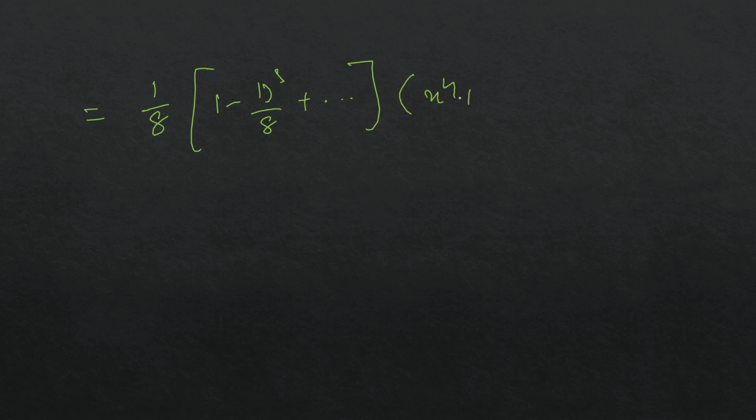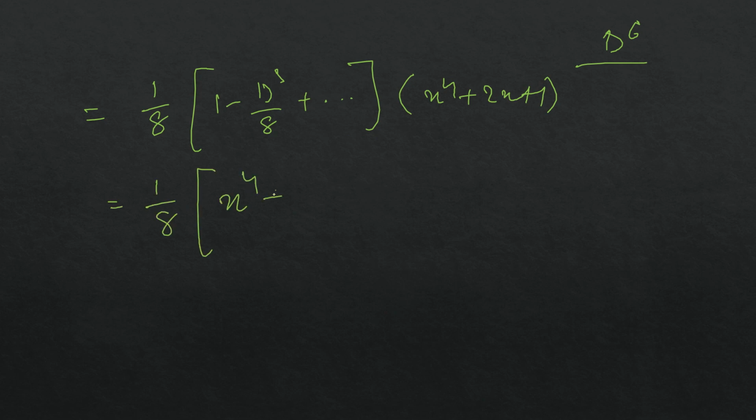I can expand it: 1 minus D cube by 8 plus it will go on, but we don't need it because it's third derivative, and the next term will be D to the power 6. We don't need D to the power 6 for it, do we?